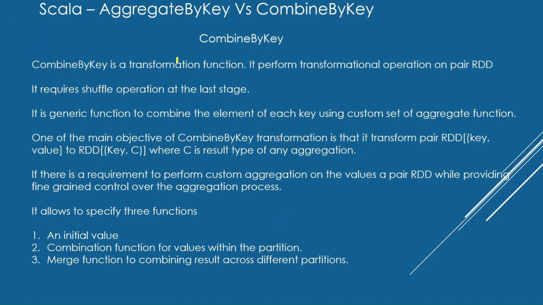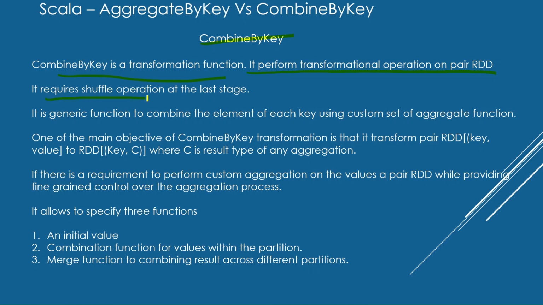So let's talk about combine by key. Combine by key is a transformation function, and it performs the transformation operation on the pair RDD. It also requires the data in the pair RDD. Combine by key is also a wider transformation function, which means that shuffling of the data across different executors may be possible.